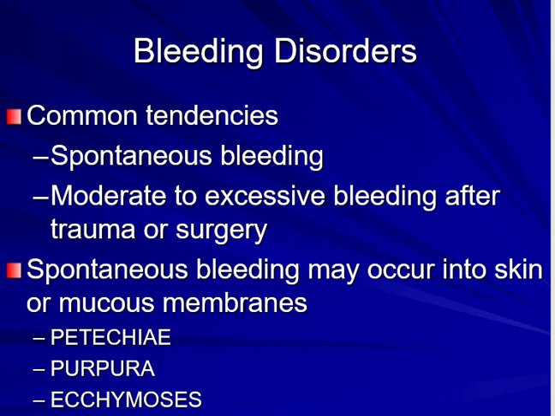They tend to get a lot of nosebleeds or moderate to excessive bleeding after a trauma or surgery. The spontaneous bleeding can sometimes occur into the skin or mucous membrane. So intraorally, you can see this on the buccal mucosa. If they bite the side of their cheek, it makes a huge bruise instead of that teeny tiny petechiae.